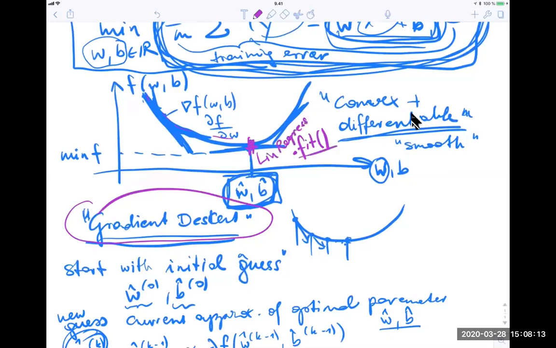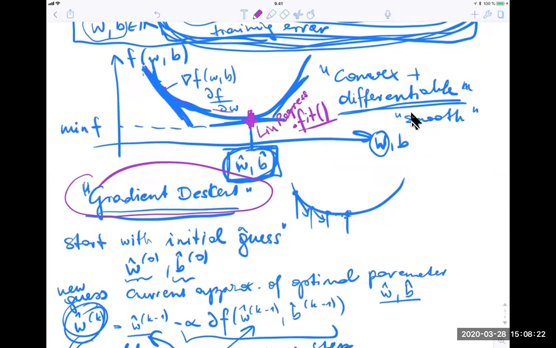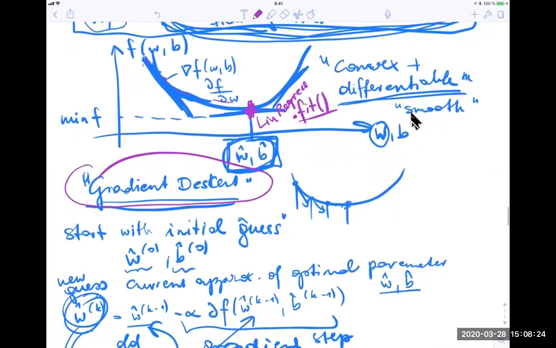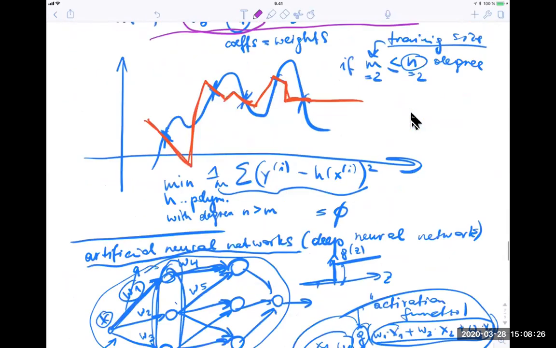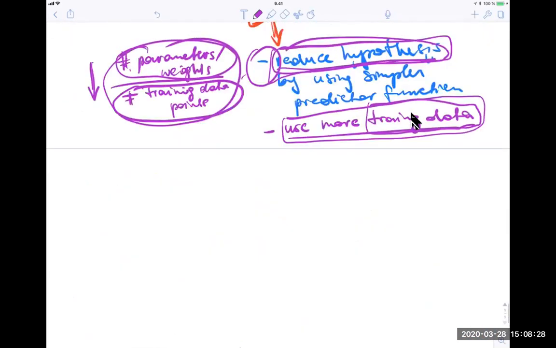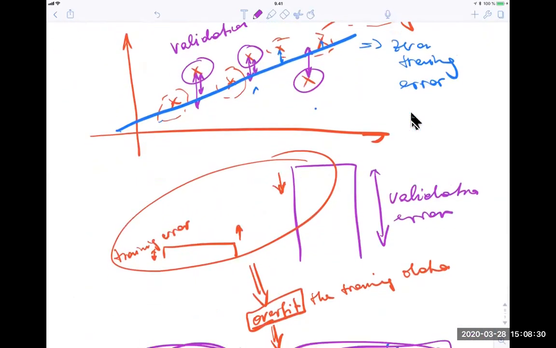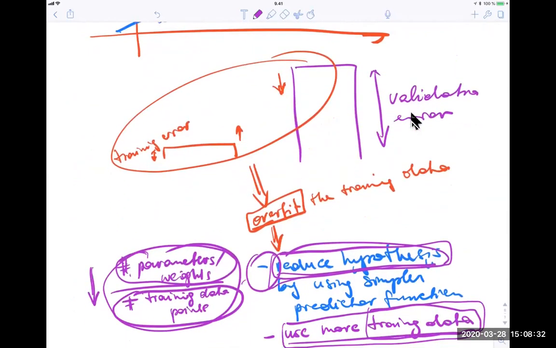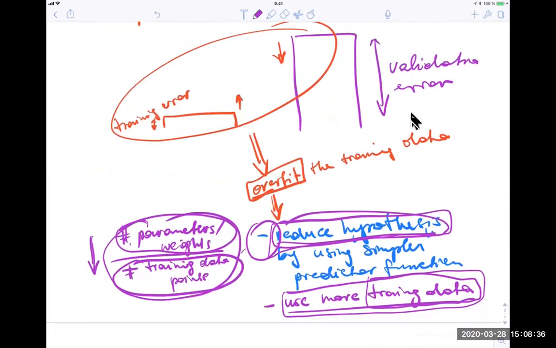Whenever you hit the .fit function, Python libraries compute or try to find the optimal choice for the weights. So you fit the predictor function to the data set, but then it's important to also look at the validation set to make sure that the predictor does not overfit to the data that you have.